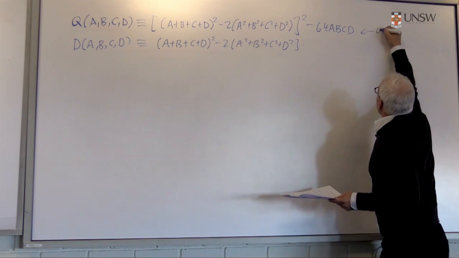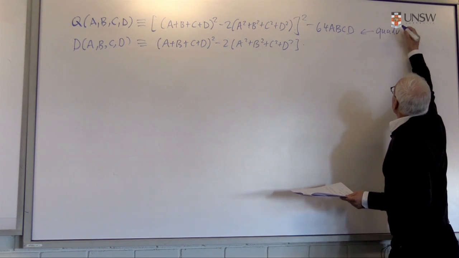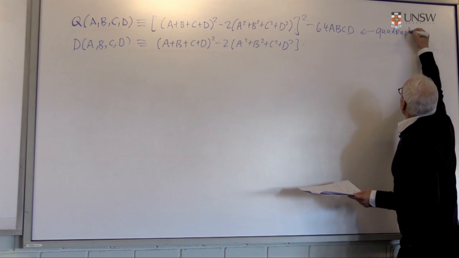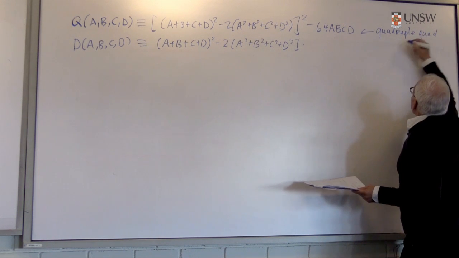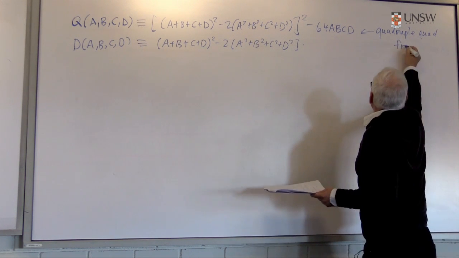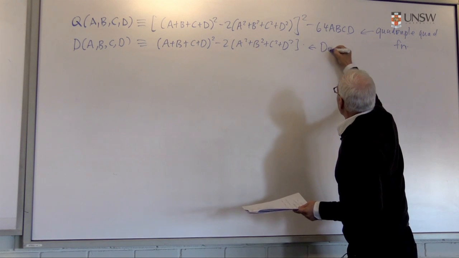So this will be called the quadruple quad function, and this will be called Descartes' function.